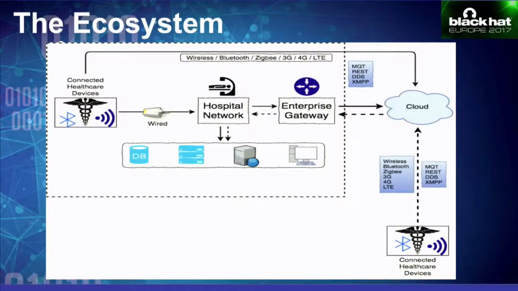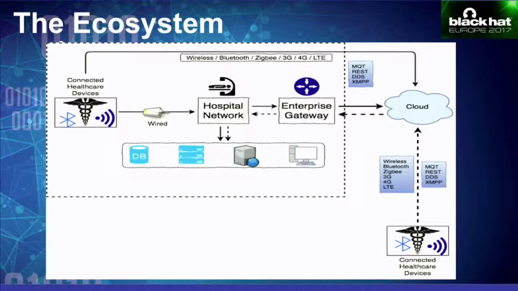All right. This is what a typical ecosystem of a connected medical device looks like. On the far right side, there could be a medical device connected to a hospital's private network. Or there could be a medical device that is simply on its own, on a cellular network, like my own portable insulin pump.